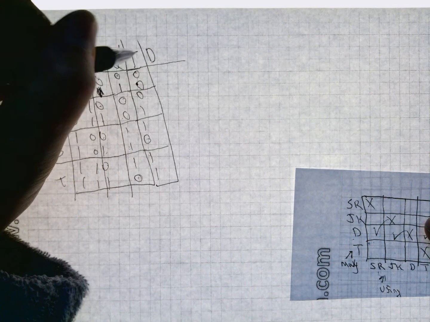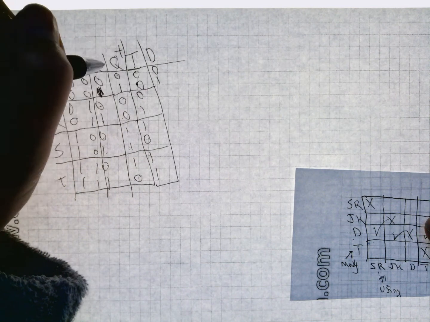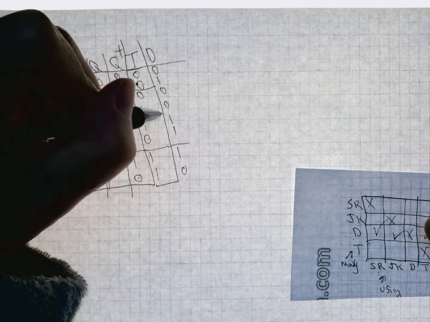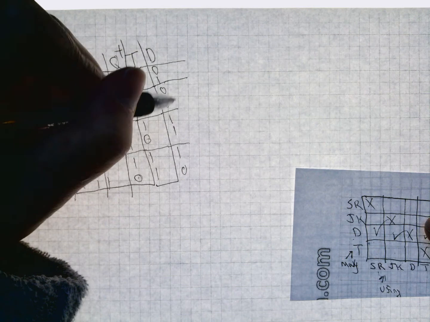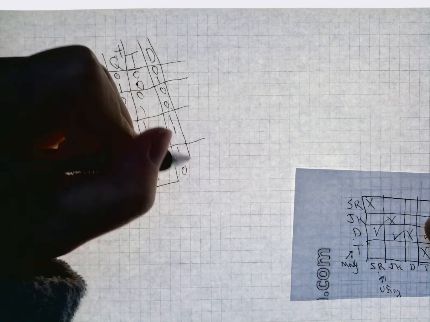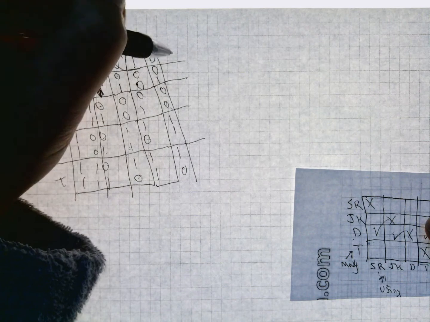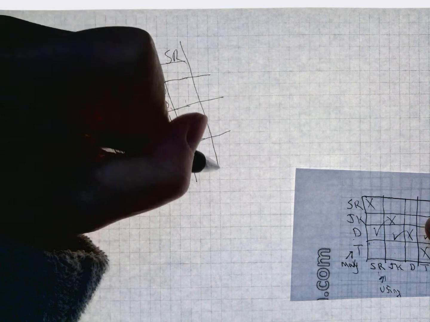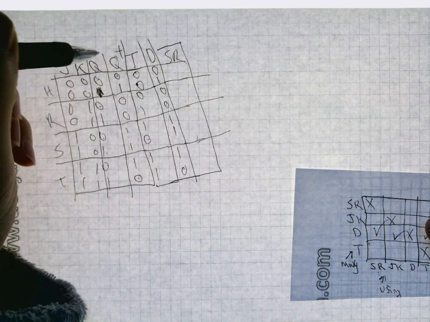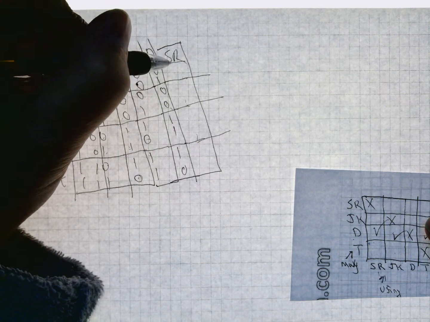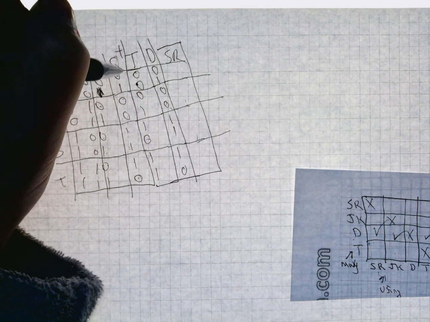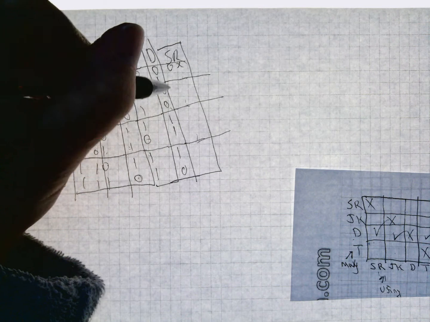For your D, you just copy the next state. And then for your SR, if you want the inputs to not change, what you do is you use S0X, and here we can use the same thing.